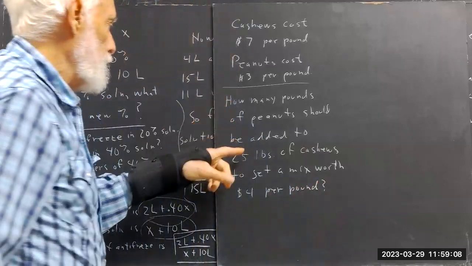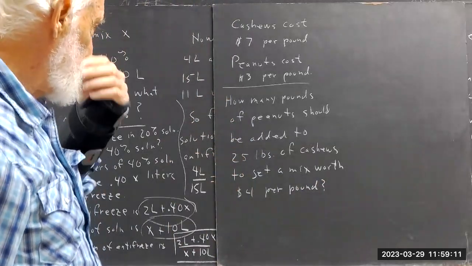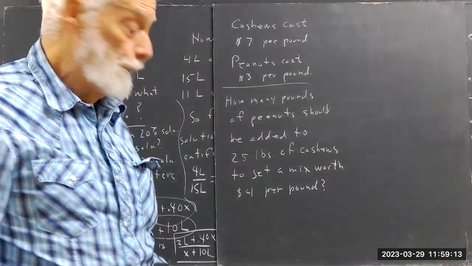How many pounds of peanuts do we add to 25 pounds of cashews to get a mix worth $4 a pound?